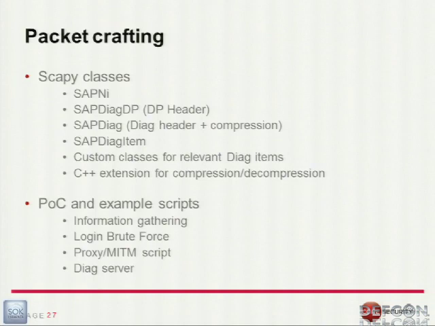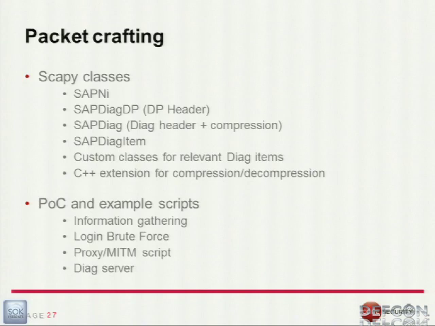Some custom classes are included for the relevant items, but you can also create different classes for the different items. So the tool also includes an extension for all the compression and decompression, which is based on the compression functions being public.